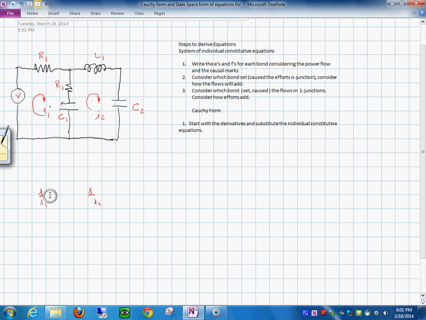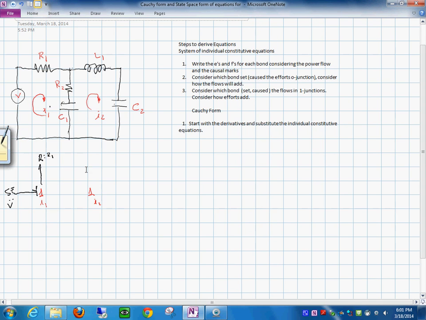In step 2, we attach the elements that experience those currents. This is going to be the R with value R sub 1. This would be the source of effort, with value the input voltage.